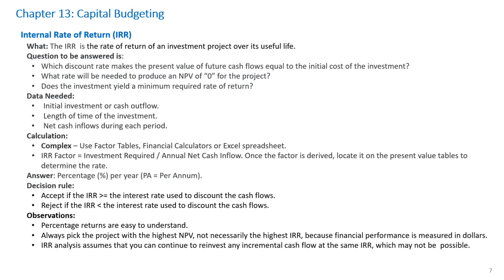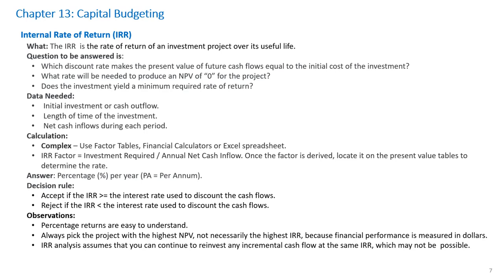The internal rate of return is the rate of return of an investment project over its useful life. It's computed by finding the discount rate that equates the present value of a project's cash outflows with the present value of its inflows. The higher the IRR, the more desirable the project.